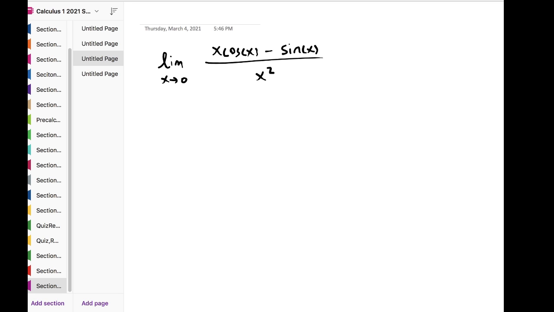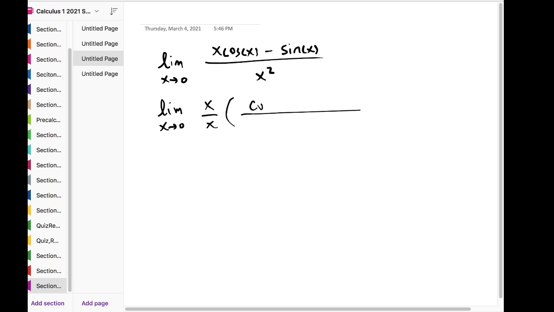Is there an identity that you see? Take x out. Okay, I see. Good. So if you take an x out from the denominator and numerator, you get cosine minus sine of x over x, then x.